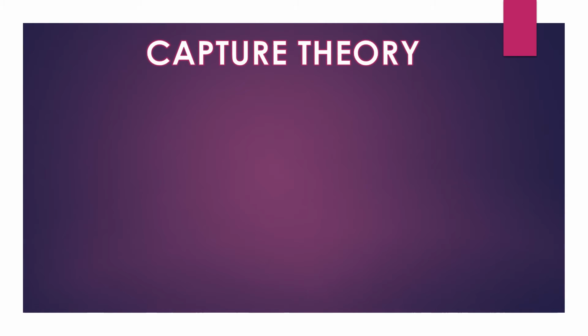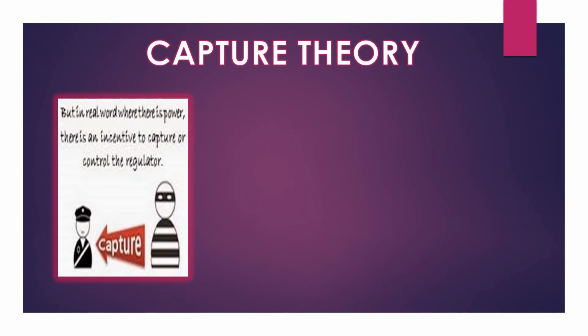Let's move on to capture theory. Capture theory argues that although regulation is often introduced to protect the public, regulatory mechanisms are often subsequently captured or controlled so as to protect the interest of a particular self-interest group in society, typically those most affected by the regulation.